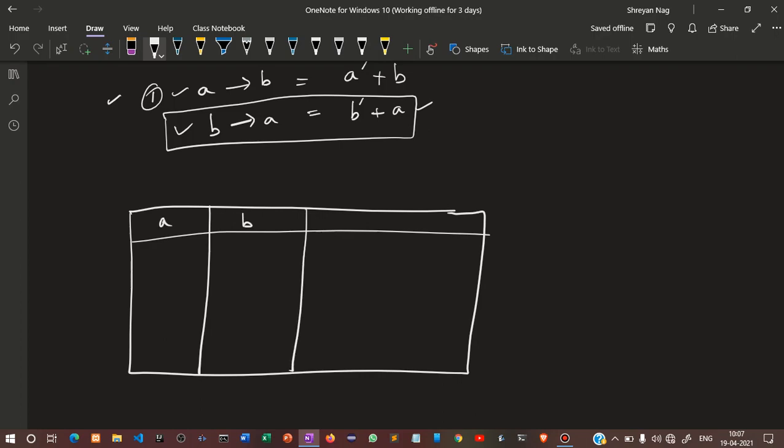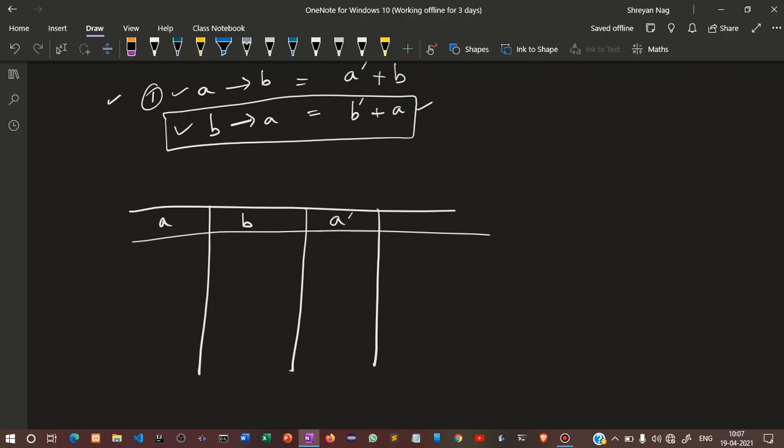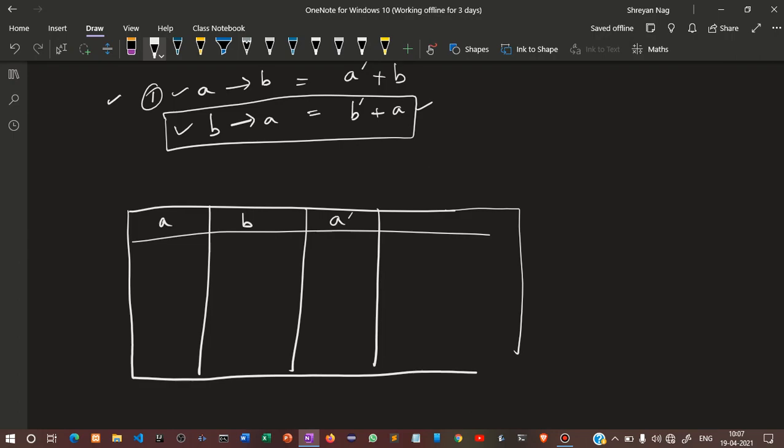A, B, then A implies B. So A implies B means what?